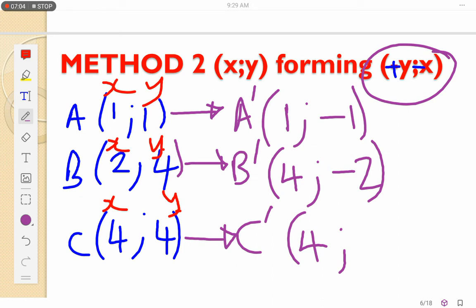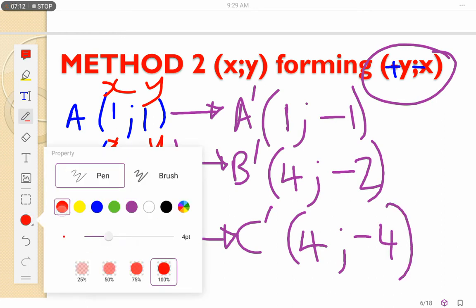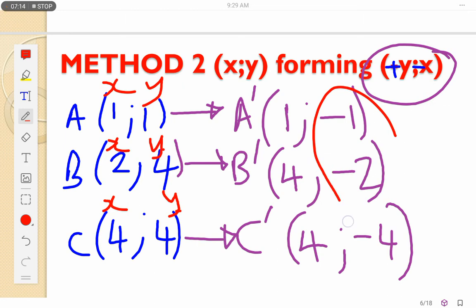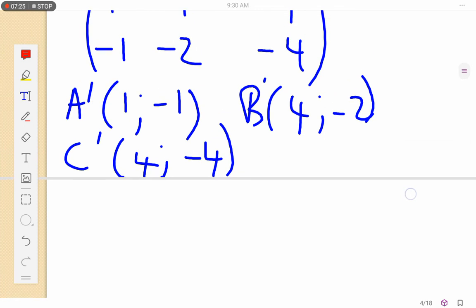Then my x I multiply with -1, so I'll have -4 there. So basically what is happening here is we are multiplying the interchanged x values with -1, and they are changing. If we want to check, we can even go back to the previous where we have our minus there, you see.